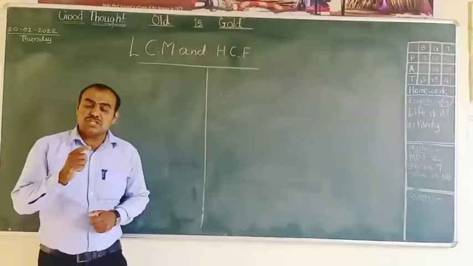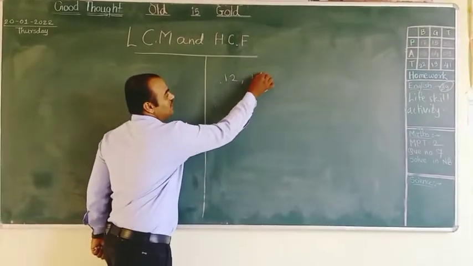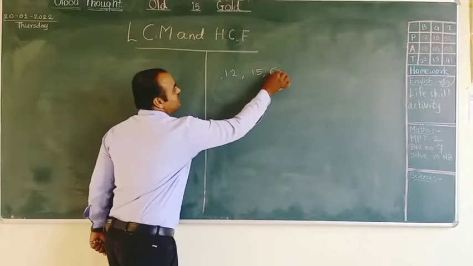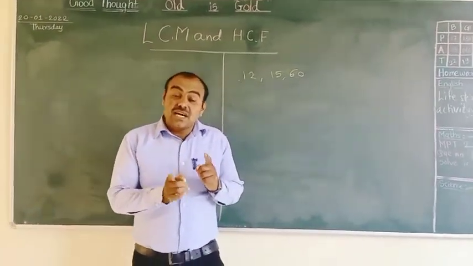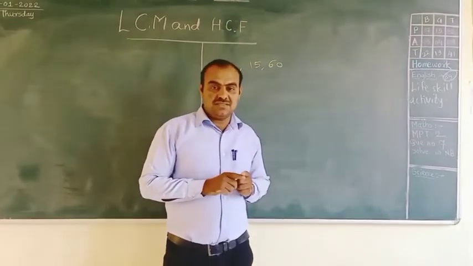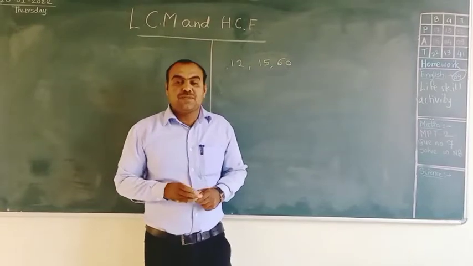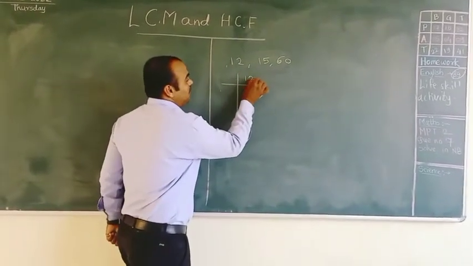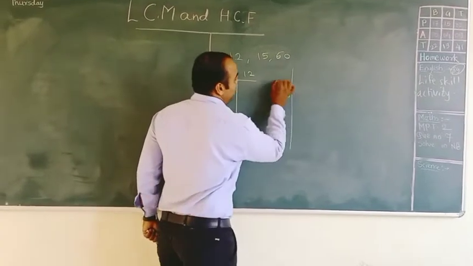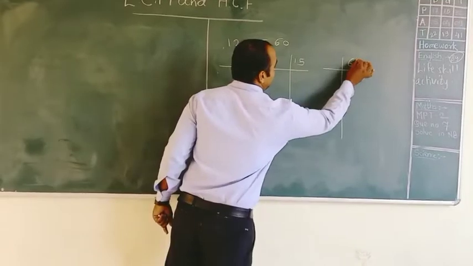Now take three numbers: 12, 15 and 16. First we have to write their factors, and afterwards we do the next steps. First we find the prime factors of 12, then 15 and then 16.